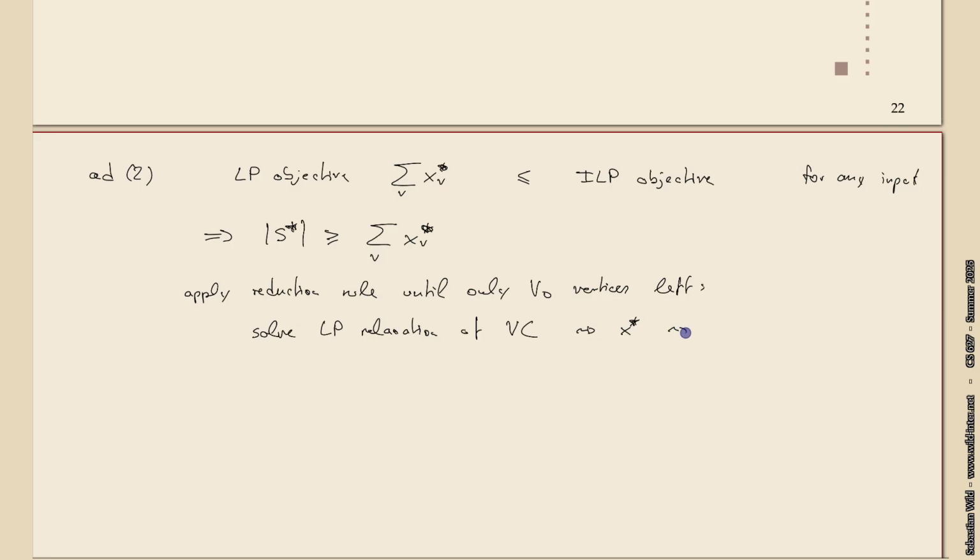And from X star, you get these sets I0, V0, C0. You remove or delete all vertices in I0. Include in the solution all vertices from C0. And repeat this whole thing.